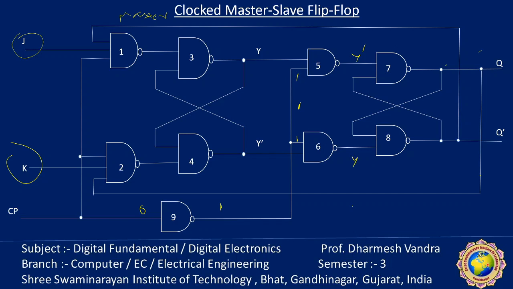So the output Q equals y, and Q dash equals y dash. When the positive edge of the clock pulse occurs, the master flip flop is affected by the inputs. The slave flip flop is isolated as long as the clock pulse is at level 1, because the output of gate number 9 provides 0 at the input side of the NAND gates 7 and 8.